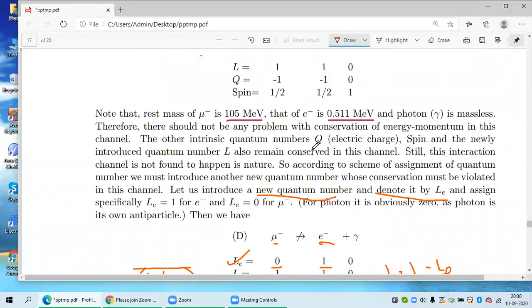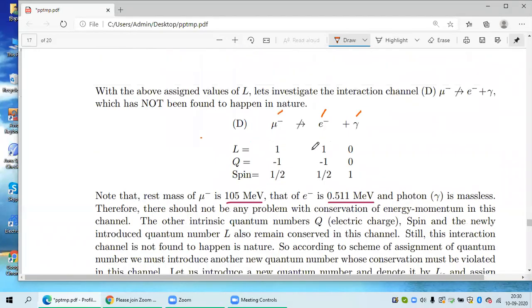I mean, photon is a totally different particle than electron or muon. How do you know this? Why is the difference between electron and photon more than the difference between muon and electron? Why do you feel that way?